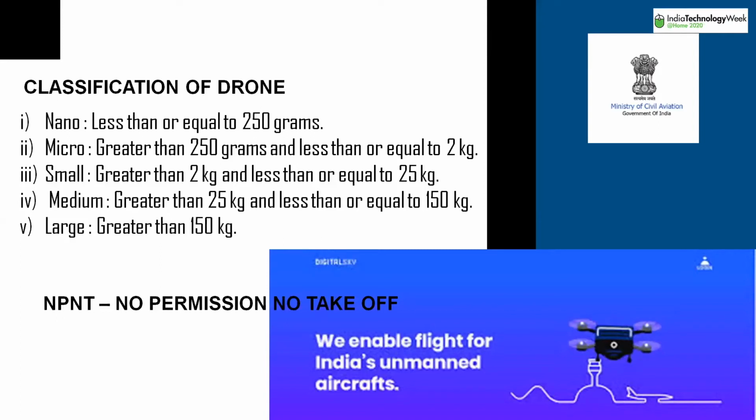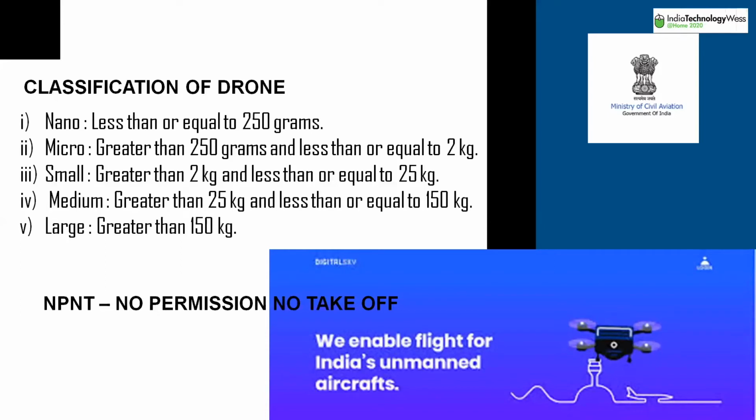Go through the notifications and government orders that have been issued, so that you are well aware of which category you fall into, which drone you are owning, and the easiest way of following the rules and operating drones under the policy in a friendly manner.